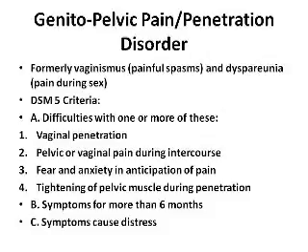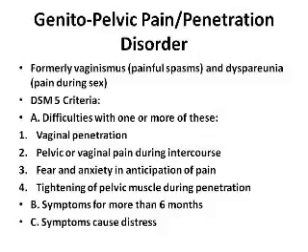First of all, vaginal penetration. So if during sex you have difficulties in getting the penis inside the vagina because it may hurt or for other reasons, then that's one of the symptoms for criterion A. Number 2, pelvic or vaginal pain during intercourse.